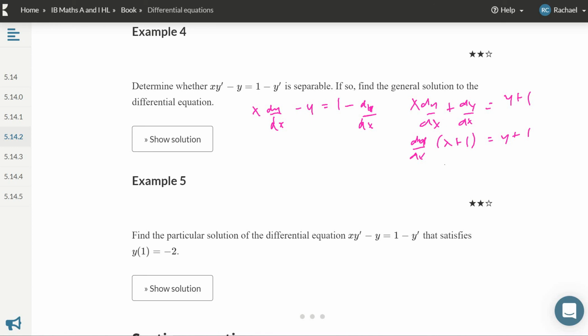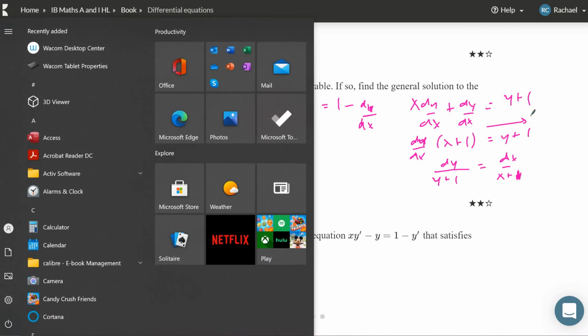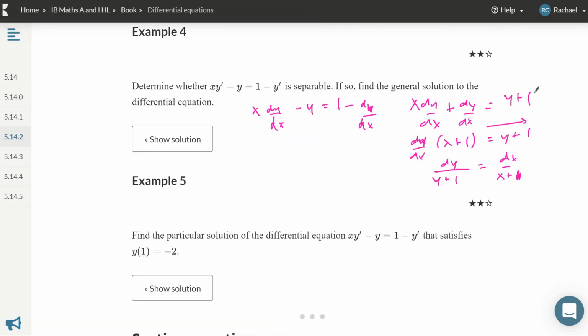So then this is going to be dy over y plus 1 equals dx over x plus 1, right? So it is separable, right? Technically here you could write this as dy dx equals y plus 1 over x plus 1, and that's your function to show that it's separable.